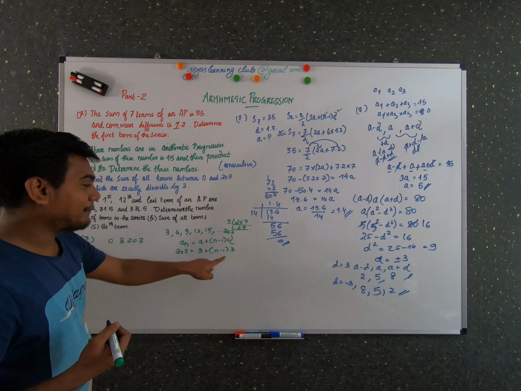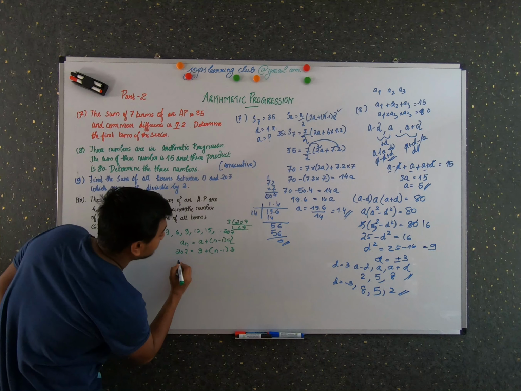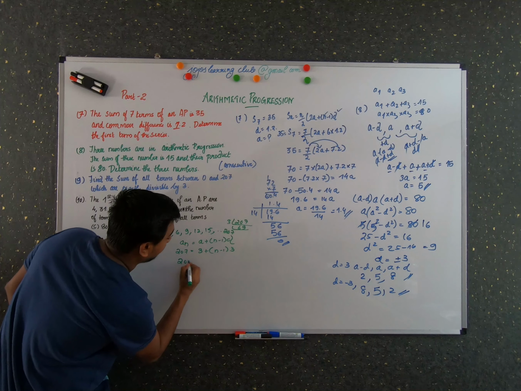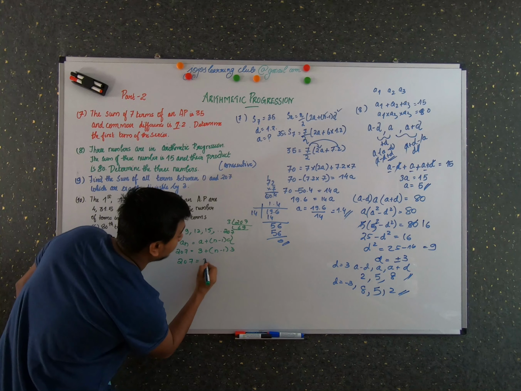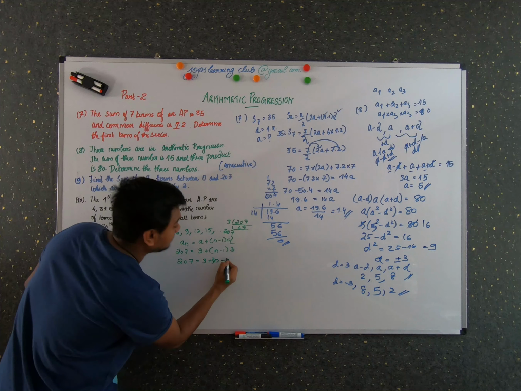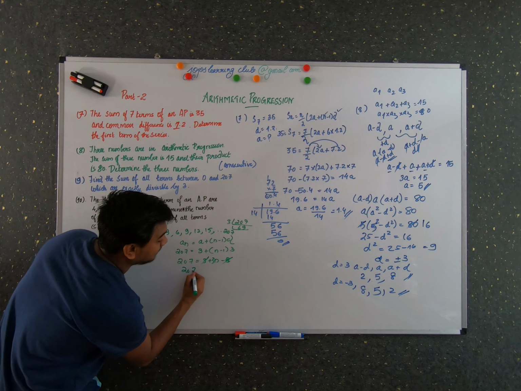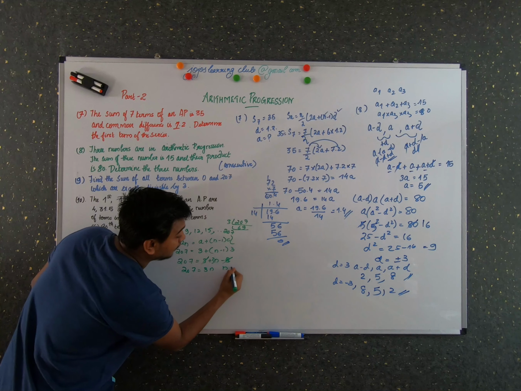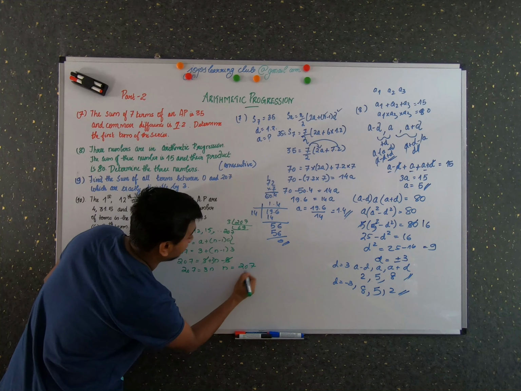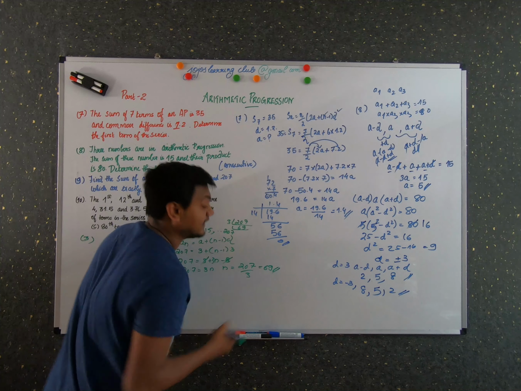Okay, so let's substitute these values. 207 is equal to 3 plus 3n minus 3, and these will get cancelled. So 207 is equal to 3n. So the value of n is 207 by 3, which I have already found here. The value of n is 69.